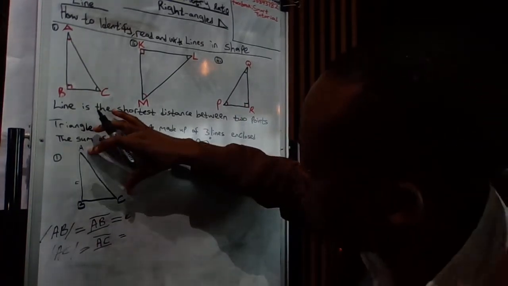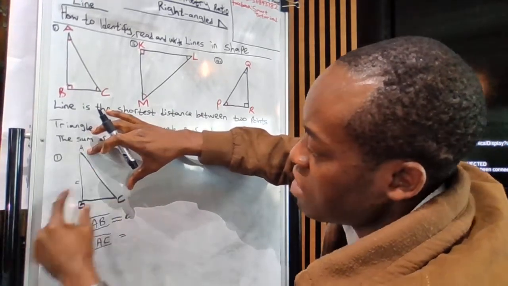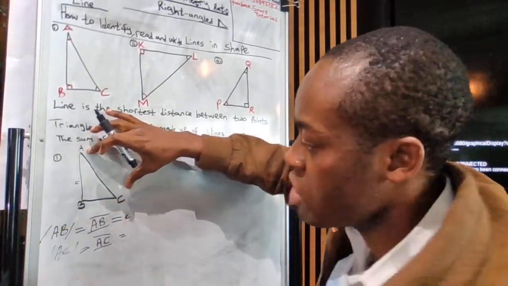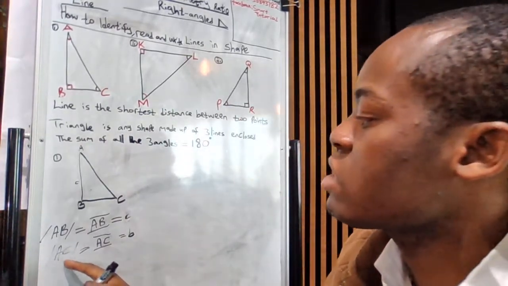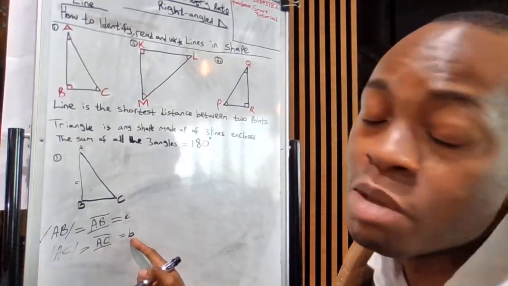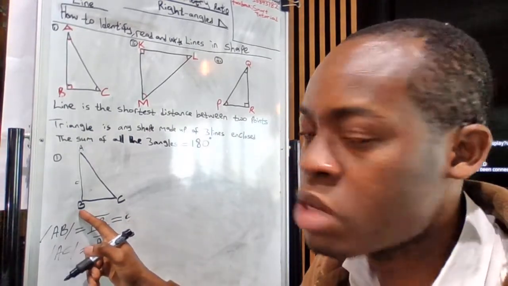Then the line AC is facing B. So that means line AC is the same thing as small letter B. So if they don't want to call it line AC, they can call it small letter B. But remember, small letter B is different from capital letter B.